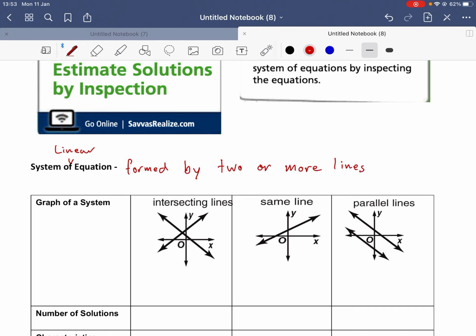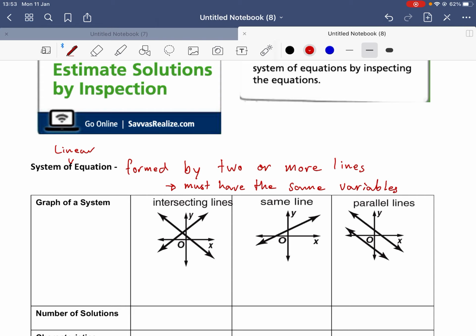So it's formed by two equations. It has to have the same variables.